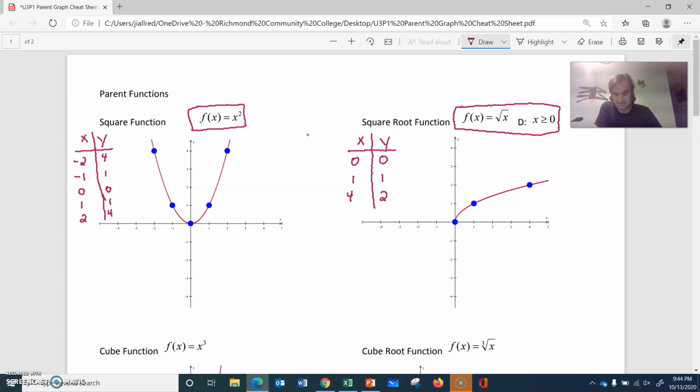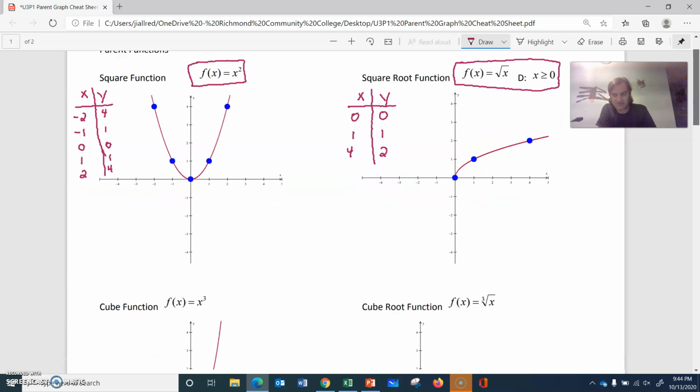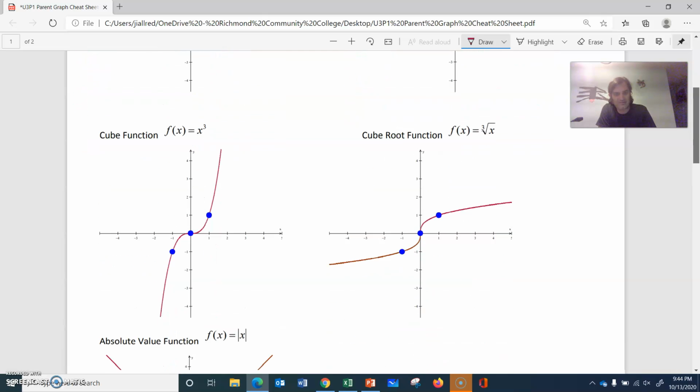Sometimes you'll hear the square root graph referred to as squirt, kind of an abbreviation for square root, and it looks kind of like a little squirt coming across there. So we have the square function that looks like a U, and we have the square root function that looks like squirt if you take my word for it.